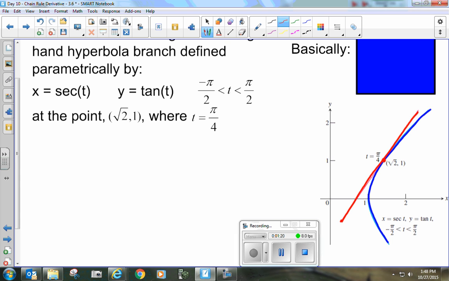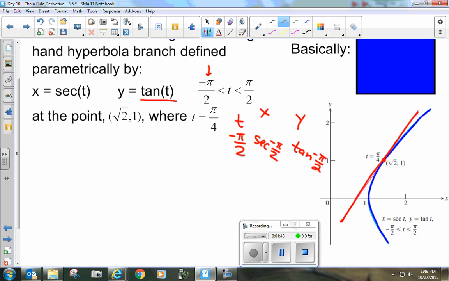Well, if I want to find coordinates on that graph, first of all I have to know the t value. For example, if my t value is negative pi over 2, because that's the low end, then my x is the secant of negative pi over 2 and my y is the tangent of negative pi over 2.